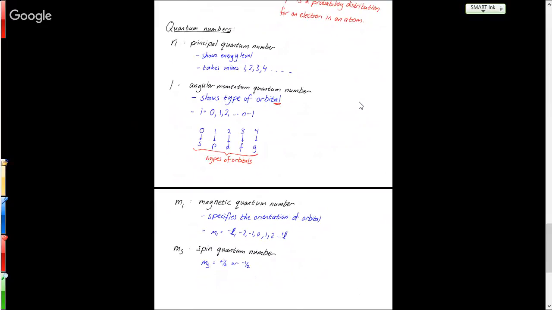I know it's small. I just wanted to put it all on the screen so we could talk about it. N, L, ML, and MS. And we did some practice with assigning N, L, and ML and which numbers you can or can't have. So now we're going to talk about the consequences of that and how we can explain all kinds of periodic properties, like what atoms do, just based on knowing these things about their electrons.